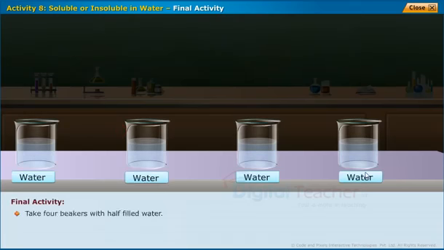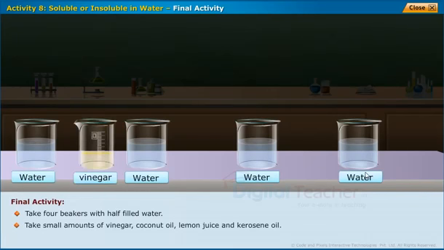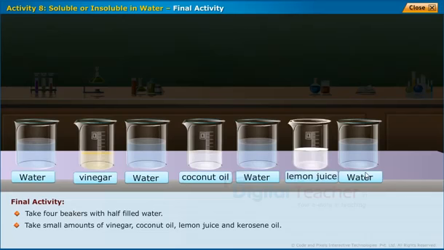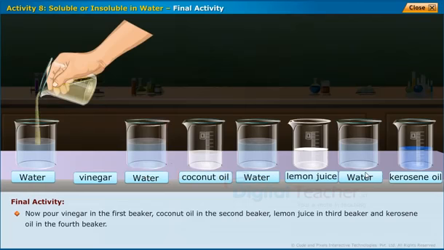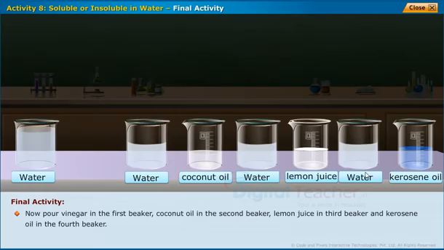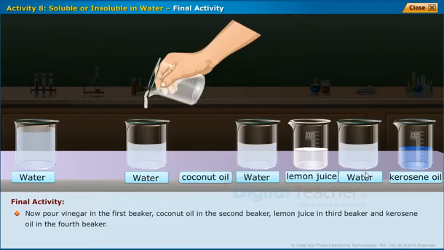Take 4 beakers with half-filled water. Take small amounts of vinegar, coconut oil, lemon juice and kerosene oil. Now pour vinegar in the first beaker, coconut oil in the second beaker, lemon juice in third beaker and kerosene oil in the fourth beaker.